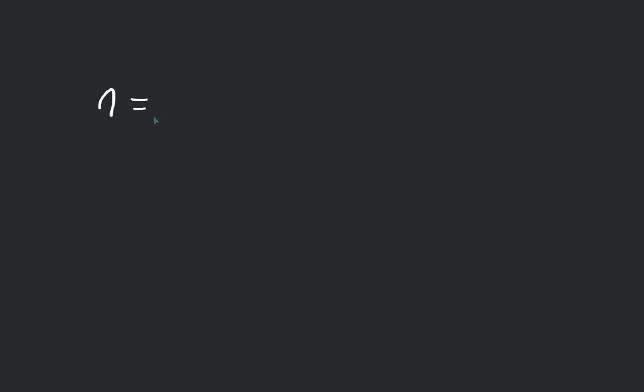Intersection basically means those things which are common in A and B both. This symbol means intersection. It basically means those things which are common in both sets.